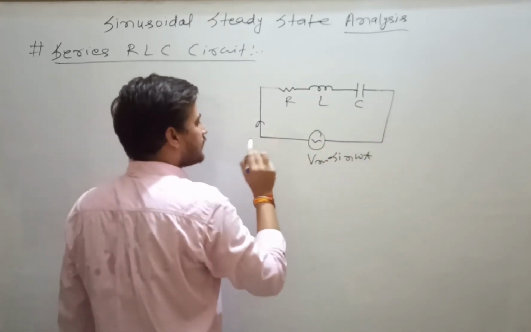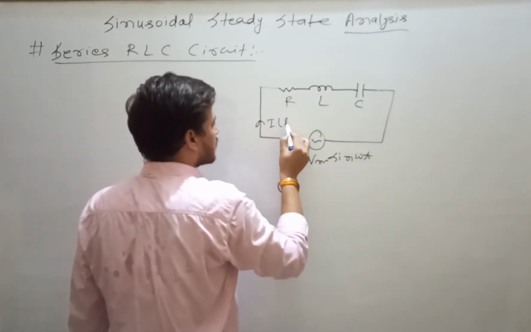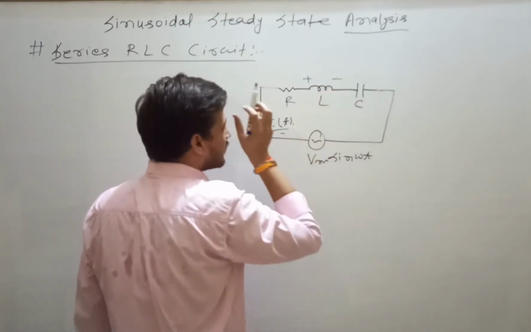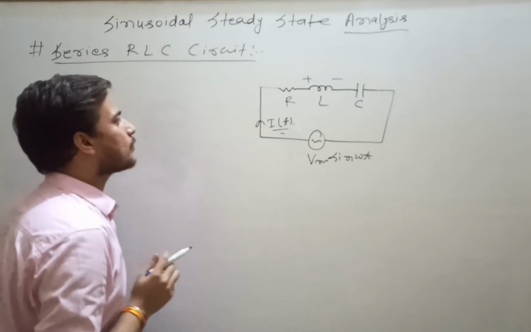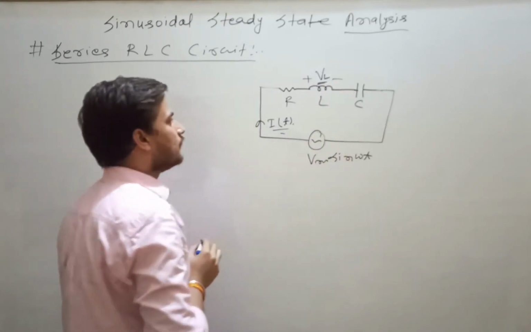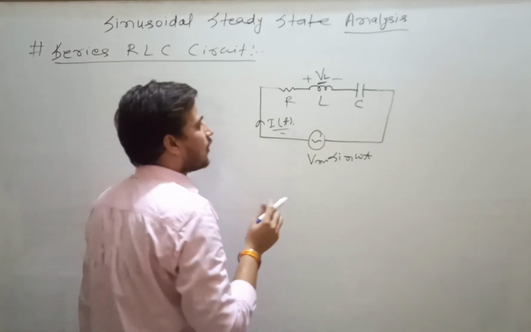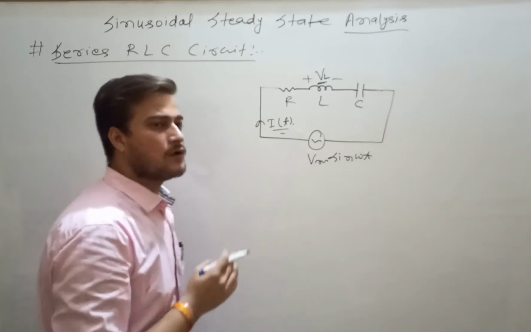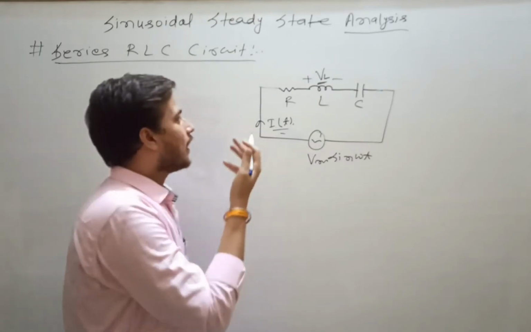So current IT will start flowing through the circuit, and you will see there is a voltage drop of plus minus, it is VL. Clear? Now in the case of capacitor, the voltage drop will be opposite. Why?